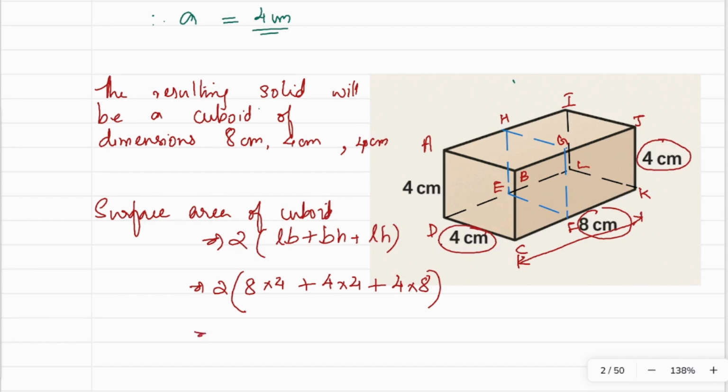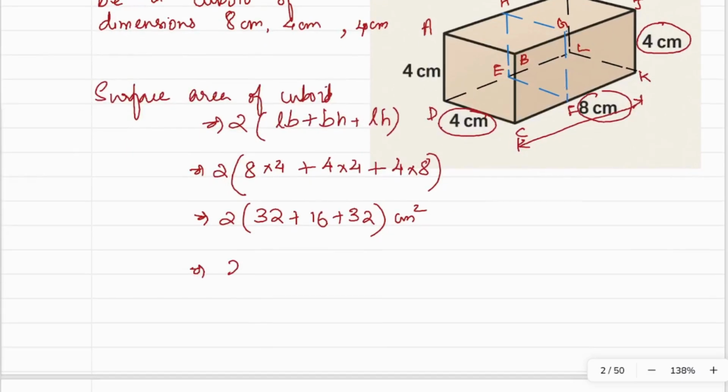So we will get 2 into (32 plus 16 plus 32) centimeter square, right? So we are going to get 2 into 80 centimeter square. So 2 eights are 16, which is equal to 160 centimeter square. Now we got the total surface area here, right? What is it? 160 centimeter square.